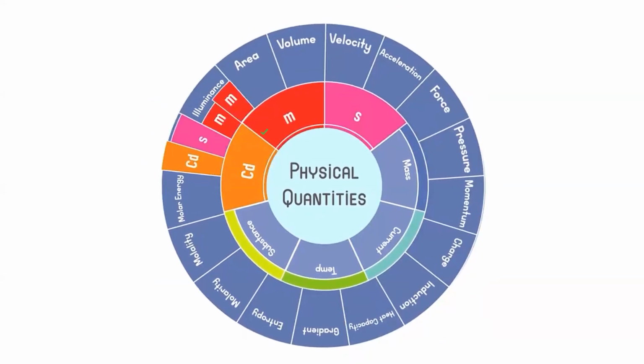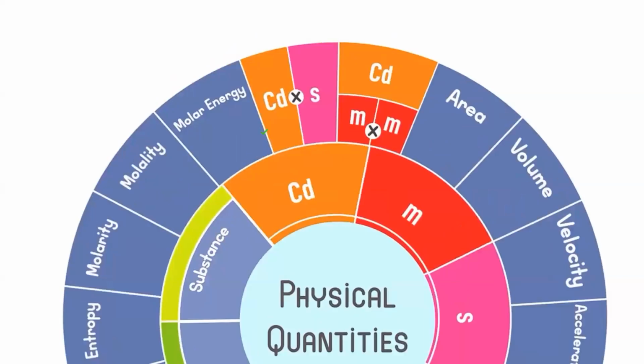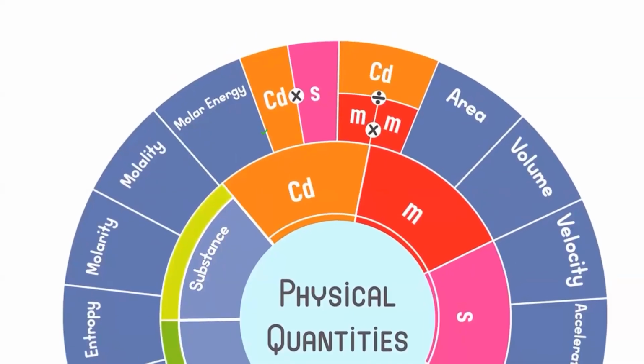Derived units. The units used to measure derived quantities are called derived units. They are defined in terms of base units. We get them by multiplying or dividing one or more base units with each other.